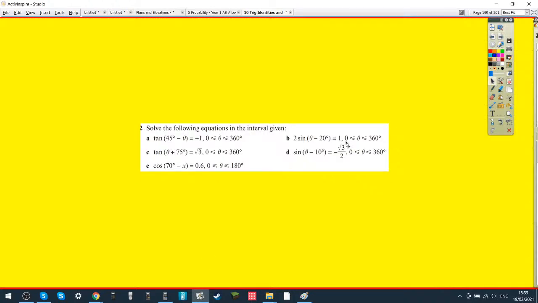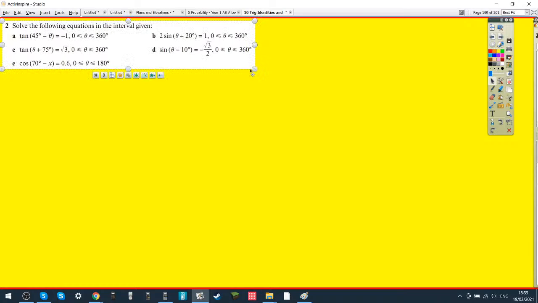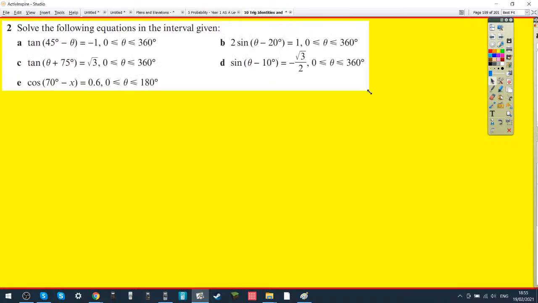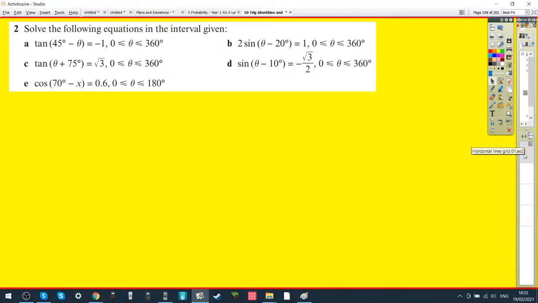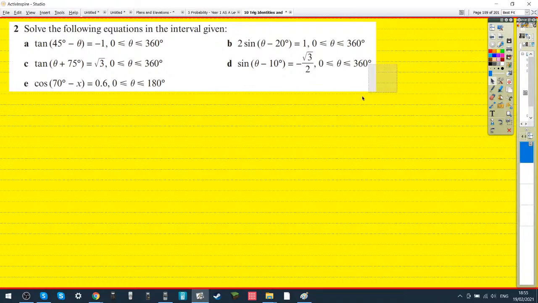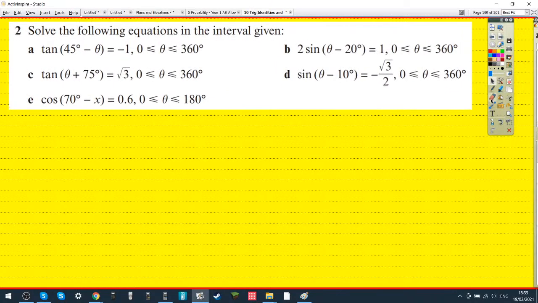What's step 1 for question B? Let A be equal to theta minus 20. And so what does the question become? The range is minus 20 to 340.